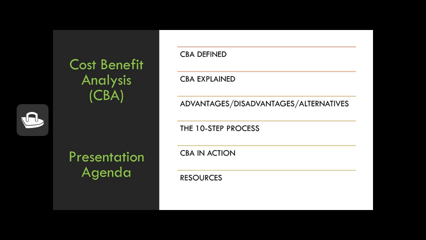And finally, using an example scenario from our ACME case study, I will walk us through the step-by-step process of conducting a cost-benefit analysis. Just for the remainder of this presentation, so you all know, I will be referring to cost-benefit analysis as CBA in its abbreviated form.